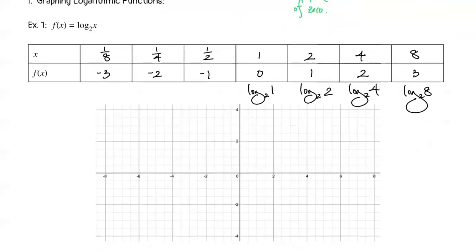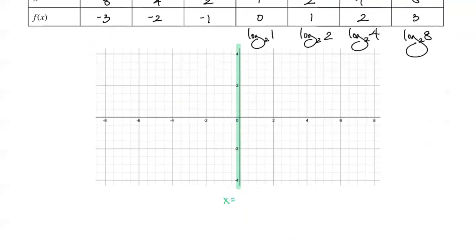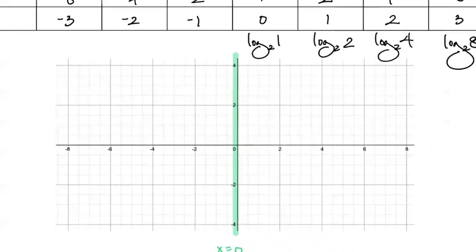Right. And if we were to plot all of these points, we would find they get really close to this line right here, but they don't actually cross it. And if we plotted all of these, we would get our 0, 1, our 2, 1, our 4, 2, our 8, 3, our 1/2, -1, 1/4, -2, and 1/8, -3.